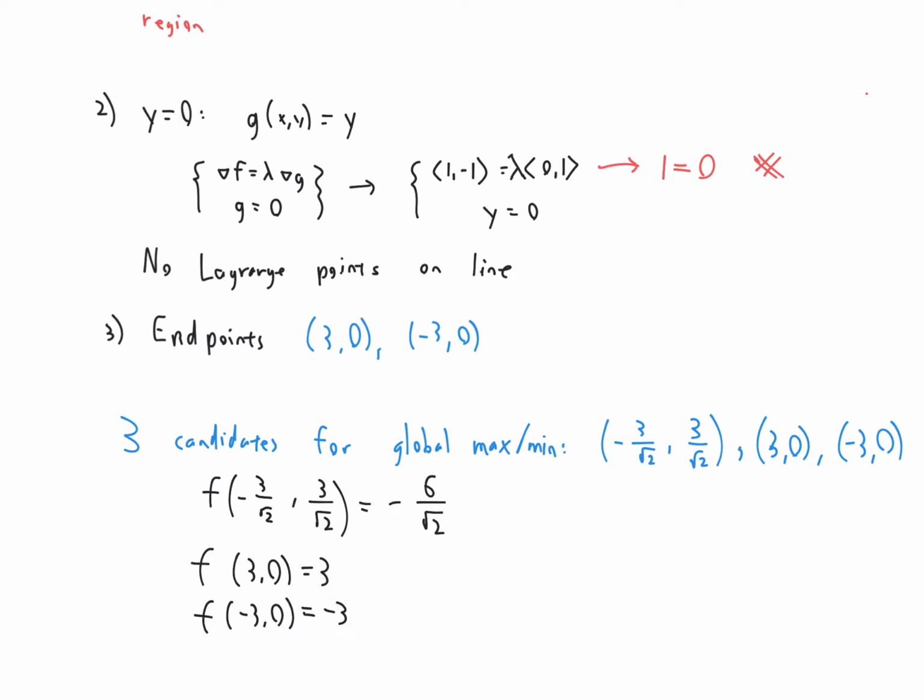Once I have those values, I might need to check exactly what 6 over root 2 is equal to. That is actually less than negative 3. So the least one is at the point negative 3 over root 2 comma 3 over root 2, so that must be the global min. And the greatest one occurs at the point 3, 0, so that one must be the global max.